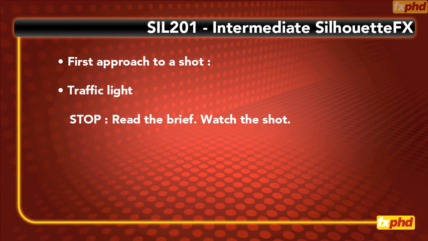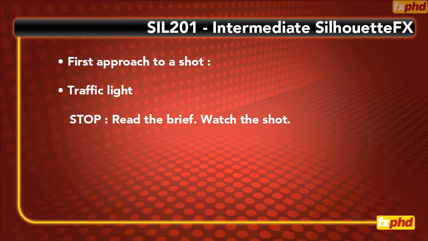So if you read the brief and it says you have to pay particular attention to one certain object, or an effect is going on one particular area of the screen, so that area is the only thing you have to worry about, then don't give yourself extra work. There's no prizes being given out for doing a 100% roto on a shot where you only need to take out just a small little bit.